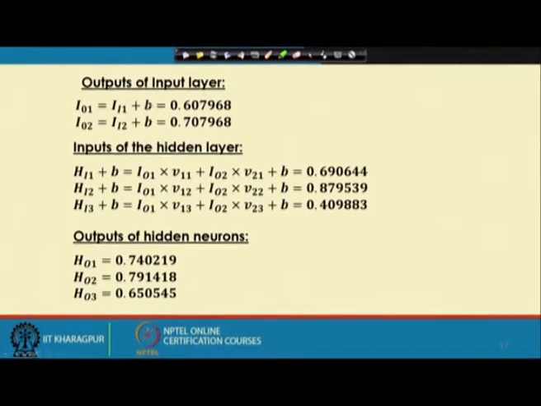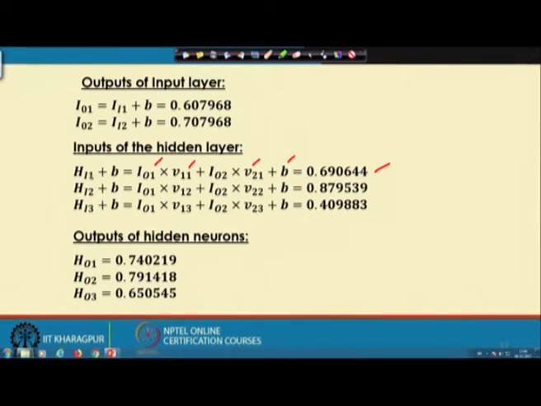So, I can find out the output of the input layer, then the input of the hidden layer. The way I discussed, HI1 plus B is nothing but IO1 multiplied by V11 plus IO2 multiplied by V21 plus B. So, I will be getting this numerical value.